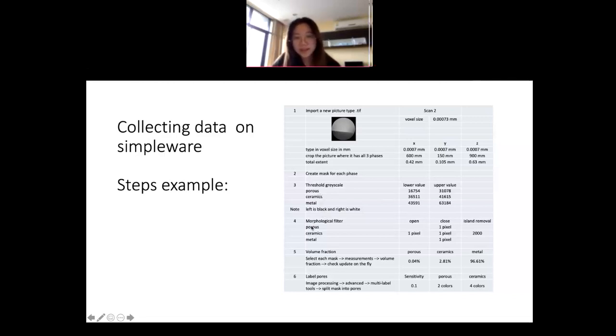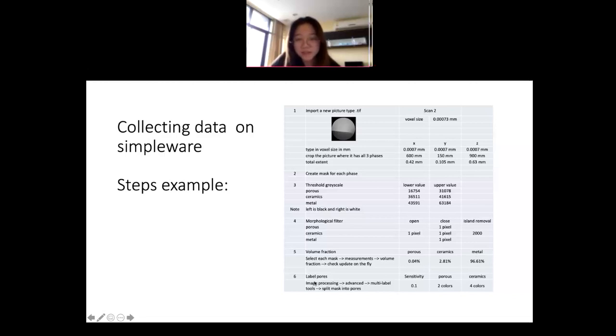And then after I differentiated, I applied some filters to make it look nicer, and the right hand side shows some of the effects that I used. And then in number 5, I found the volume fraction for each phase, and the answer is in percent.